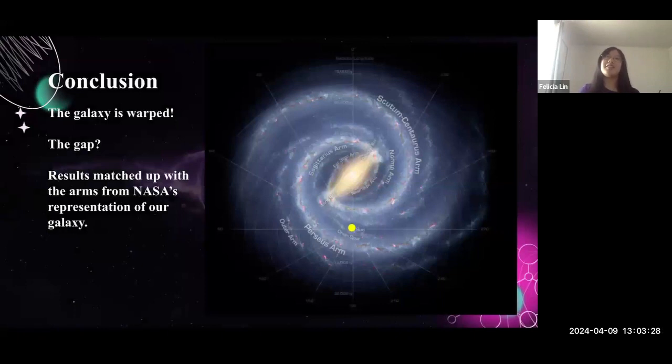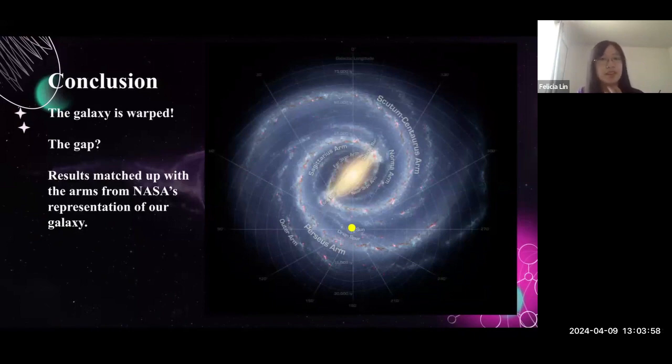And our conclusion is that the galaxy is warped, and our data matches the data from NASA, which showed that some of these arms are farther away and are in a spiral shape.